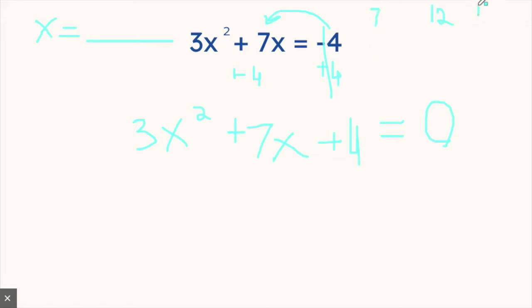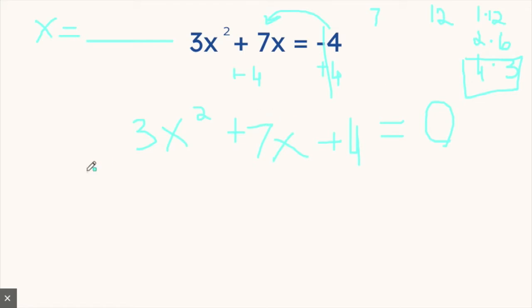The multiples of 12 are 1 times 12, 2 times 6, and 4 times 3. 1 plus 12 is 13, so it's not equal to 7. 6 plus 2 is 8, so it's not 7. 4 plus 3 is 7. So we're using 4 and 3.